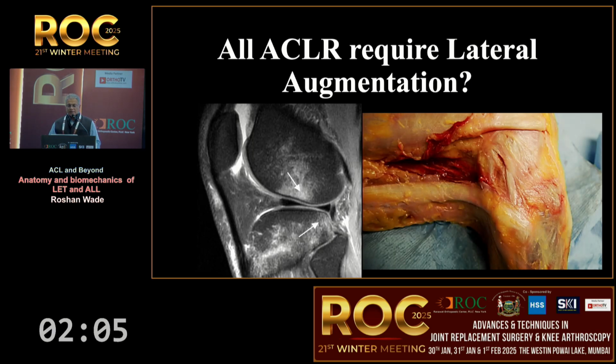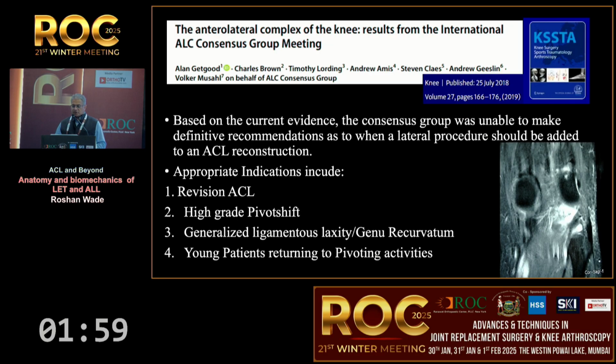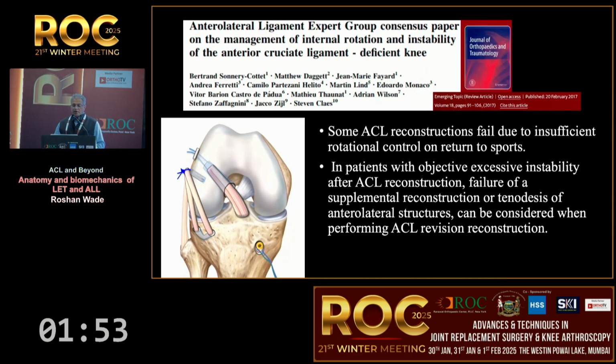So whether all ACL reconstructions require lateral augmentation is a debatable question, and there are many studies which have shown that only in revision scenarios, high grade pivot shift and generalized ligament laxity should you consider ALL type of reconstruction.